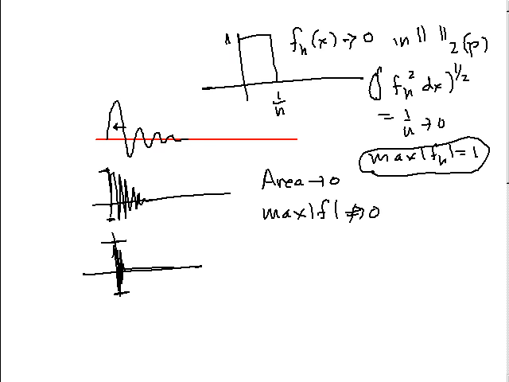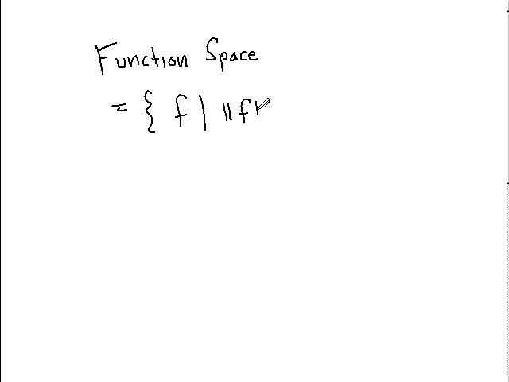Now, one of the very important objects in mathematics is something called a function space, which is just a set of all functions such that their size is finite. So this is just a normed space, and you have the ideas of distance.